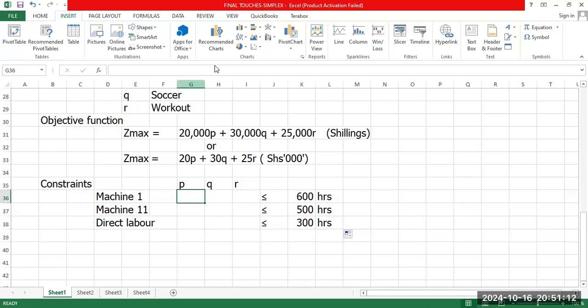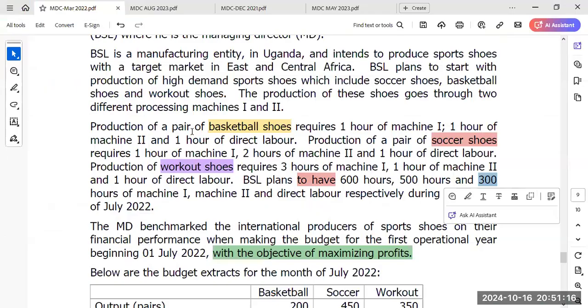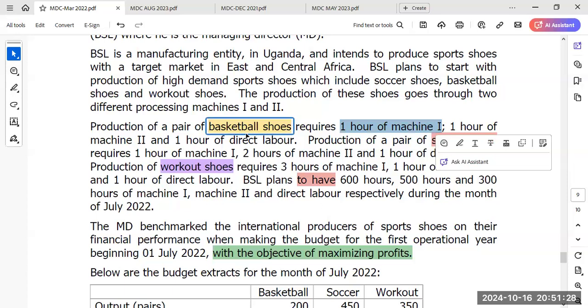So I start analyzing that paragraph very well now. They are telling us the production of a pair of basketball shoes requires 1 hour of machine 1. Remember, basketball shoes is represented by P. Do you recall that?